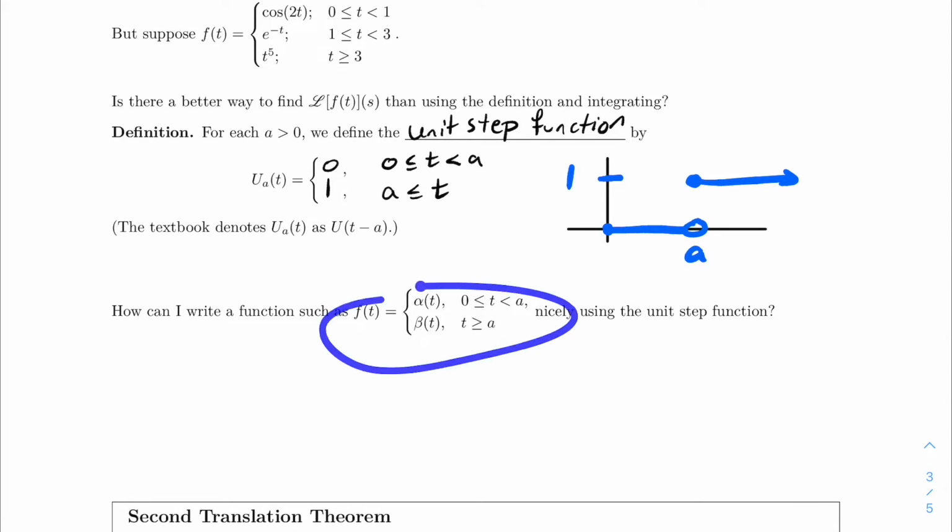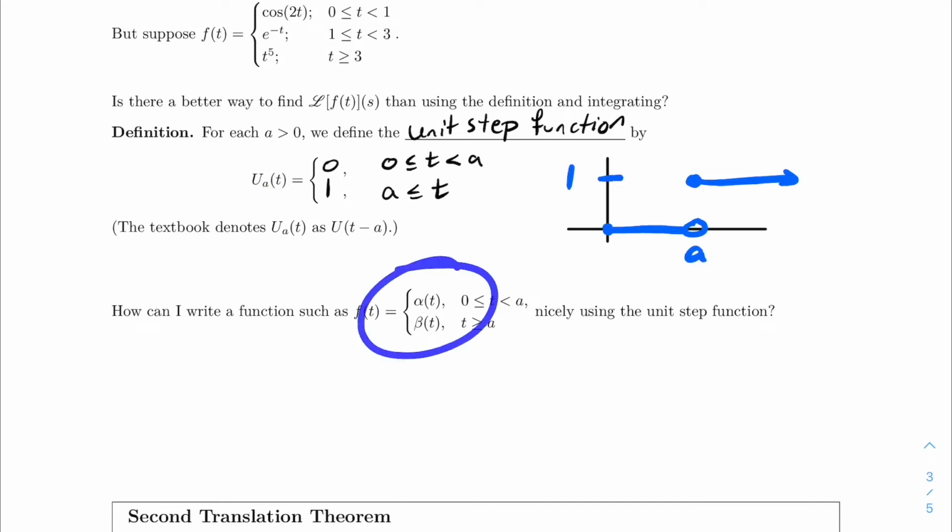All right, so how can we write a piecewise function like this nicely using the unit step function? That's the whole point of the unit step function: we can take piecewise functions and write them nicely using this thing.